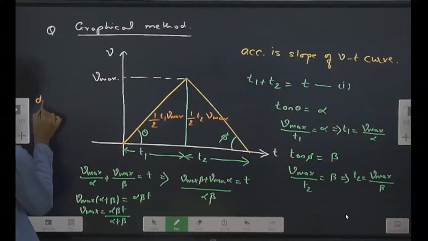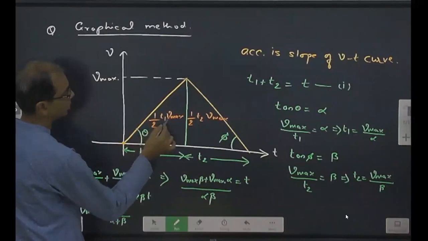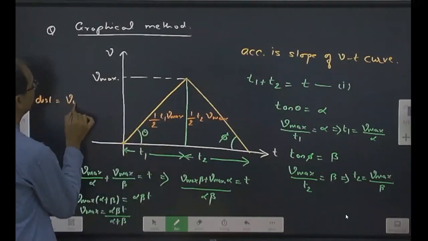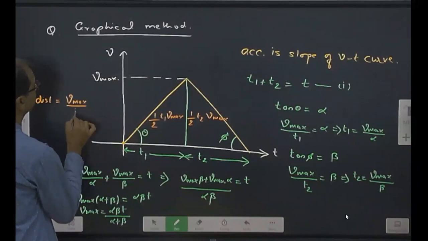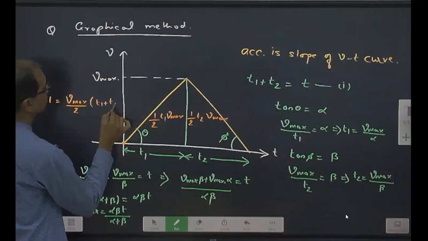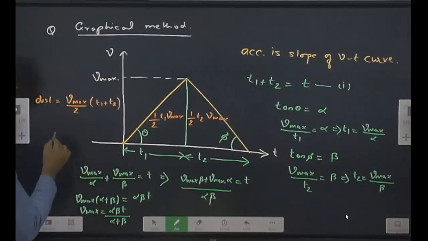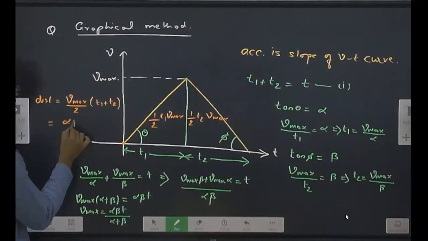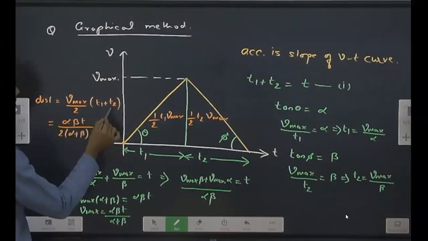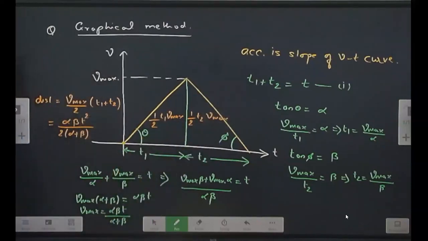The total distance, when you are adding, V maximum by 2 is common, so V maximum by 2 into T1 plus T2. V maximum you already found, put it there: alpha beta T by alpha plus beta, so 2 into alpha plus beta. And T1 plus T2 is T, so T square. That's all.